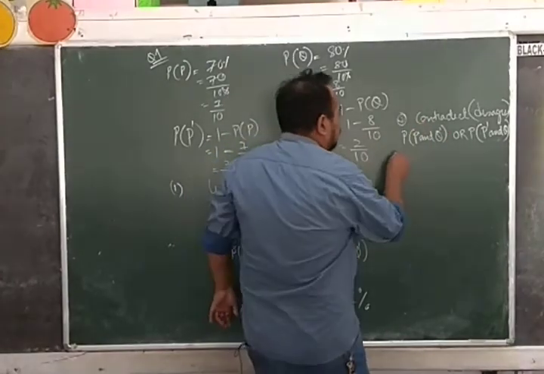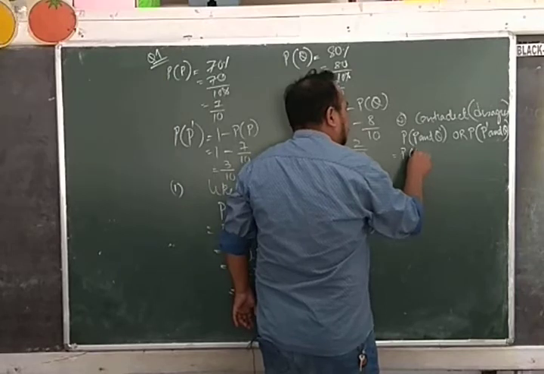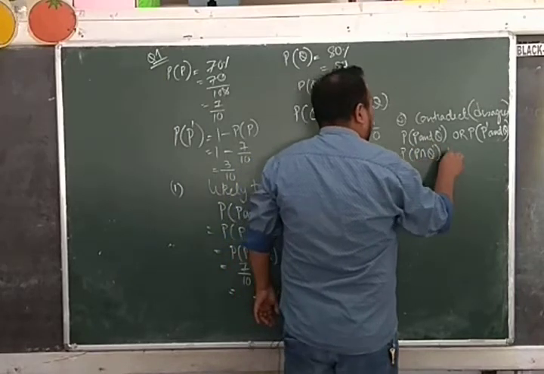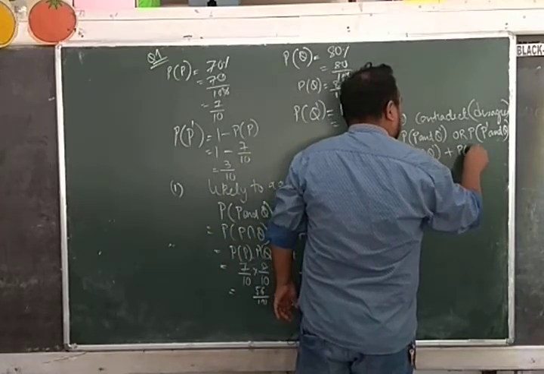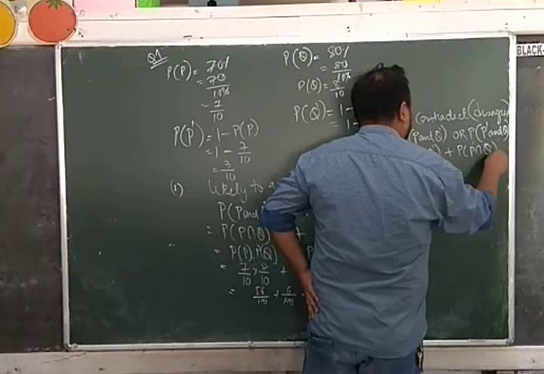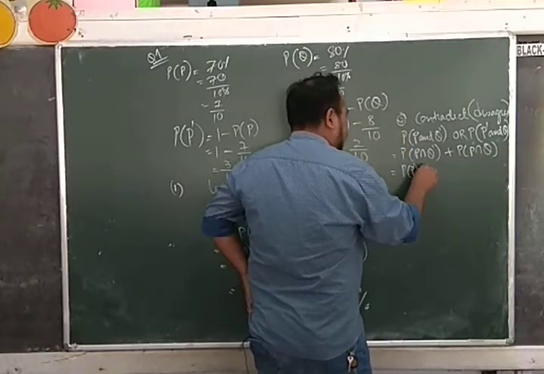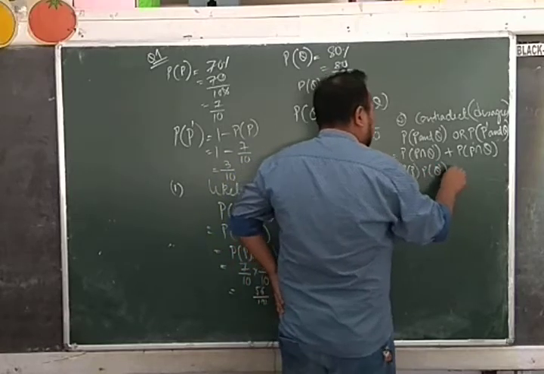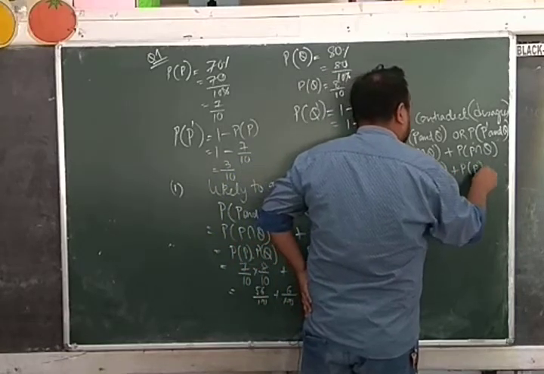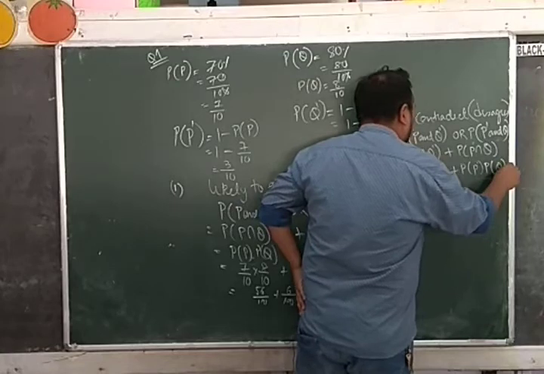So now you know the formula. Probability of P intersection Q dash, or, which means plus, probability of P dash intersection Q. Since they are independent events, probability of P into probability of Q dash plus probability of P dash into probability of Q. Put in the values.